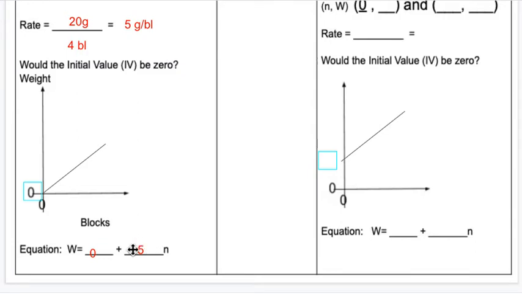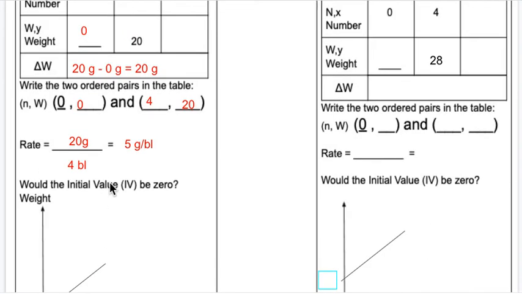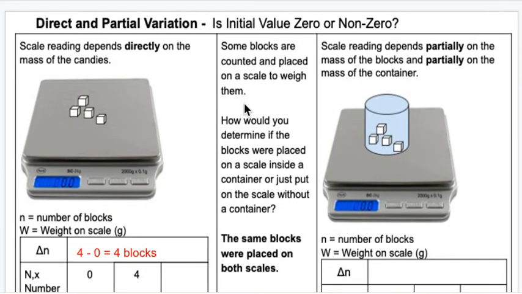That's the part that repeats. 5 grams for the first block, 5 grams for the second block, 5 grams for the third block, and that is the initial value right there. Okay, so then it means it starts right here. That weight of 0 means there's no container. Okay, so that's how you go through that process on this scale.